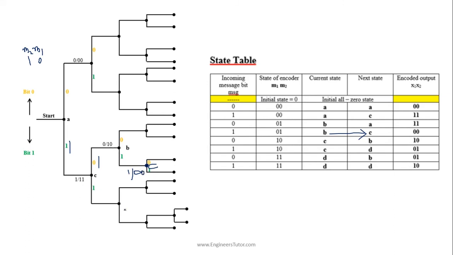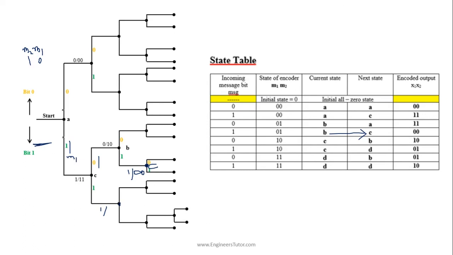Similarly, suppose we want to find the state of the encoder at this node. The incoming bit is 1, and we have to look for values of M1 and M2. So for that we have to look into the left hand side. So this will be M1, and the two previous branches we have to consider. So M1 is 1, and M2 will be already 0 on this side.